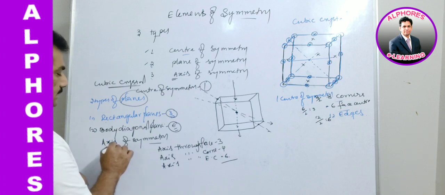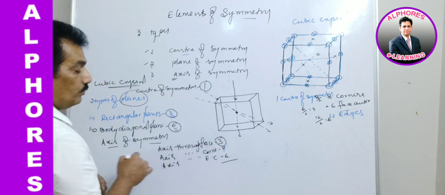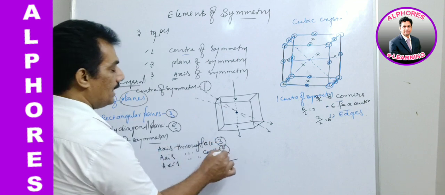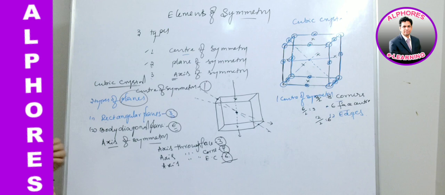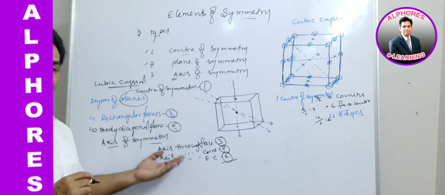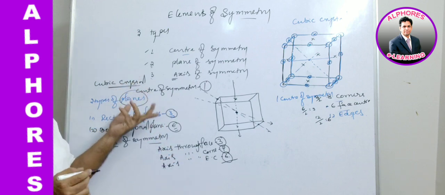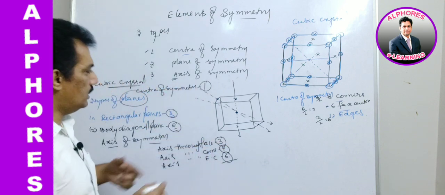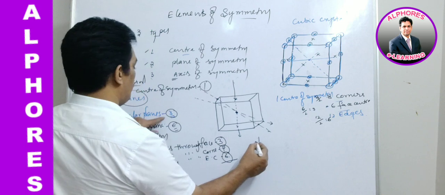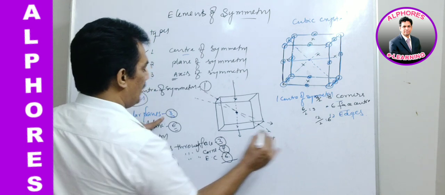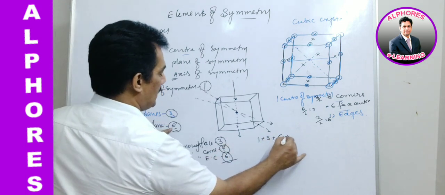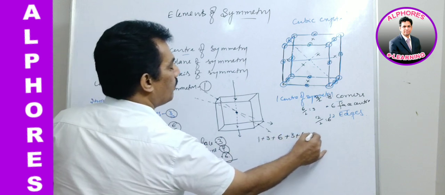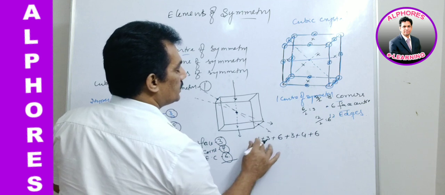Then axis through face centers 3, through corners 4, through edge centers 6. Totally, how many elements of symmetry are present for a cubic crystal? We can guess, the sum of all these: 1 plus 3 plus 6 plus 3 plus 4 plus 6, that is 23.